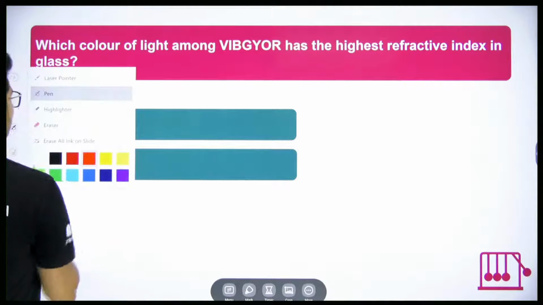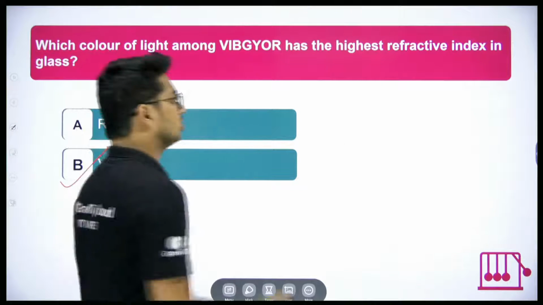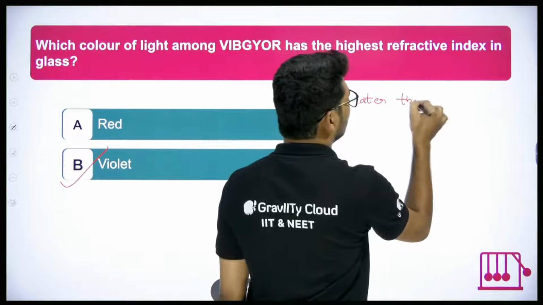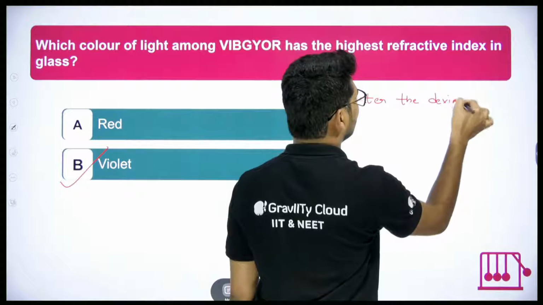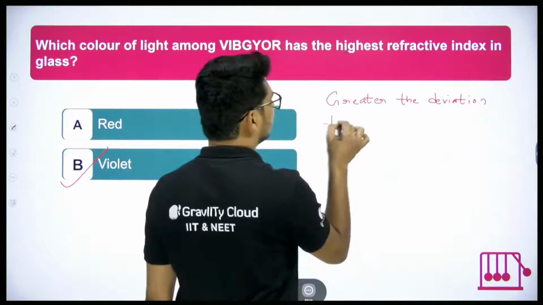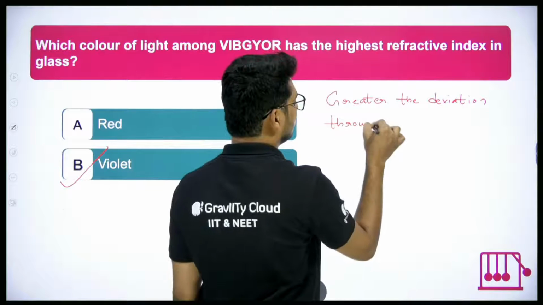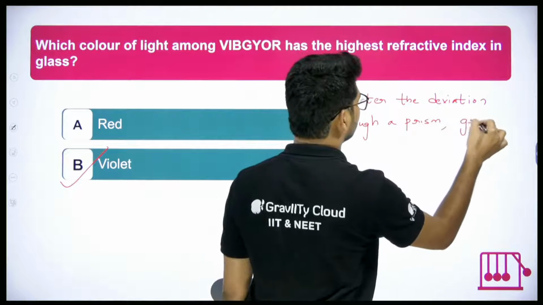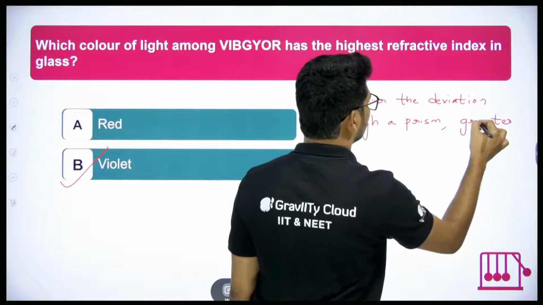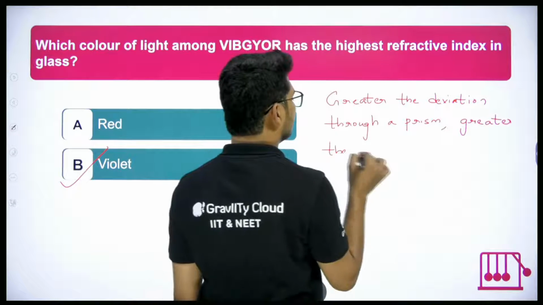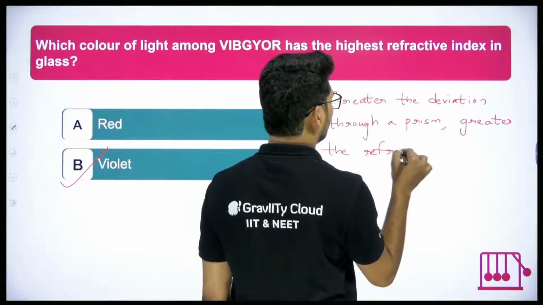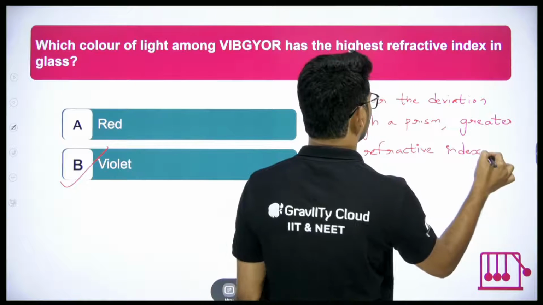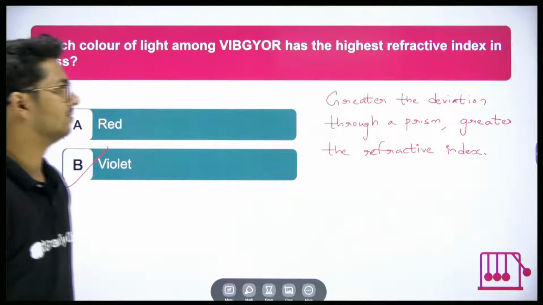Now why? It's very simple. Whichever deviates the most, greater the deviation through a prism, greater is the refractive index. Is that clear?